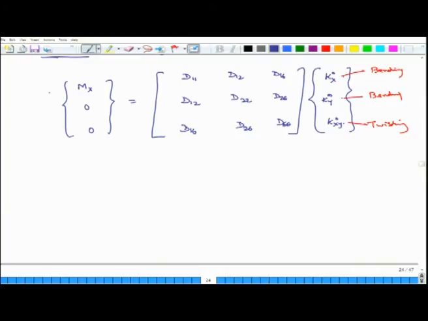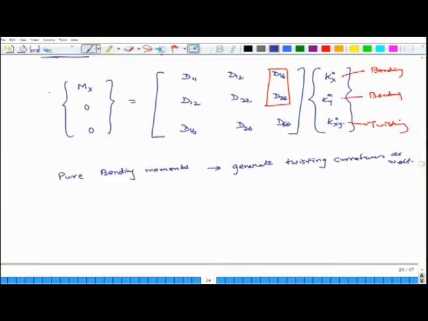In that case, if these terms D16 and D26 are non-zero, then pure bending moments, so Mx is a purely bending moment, they generate twisting curvatures as well, because D16 and D26 are not 0.